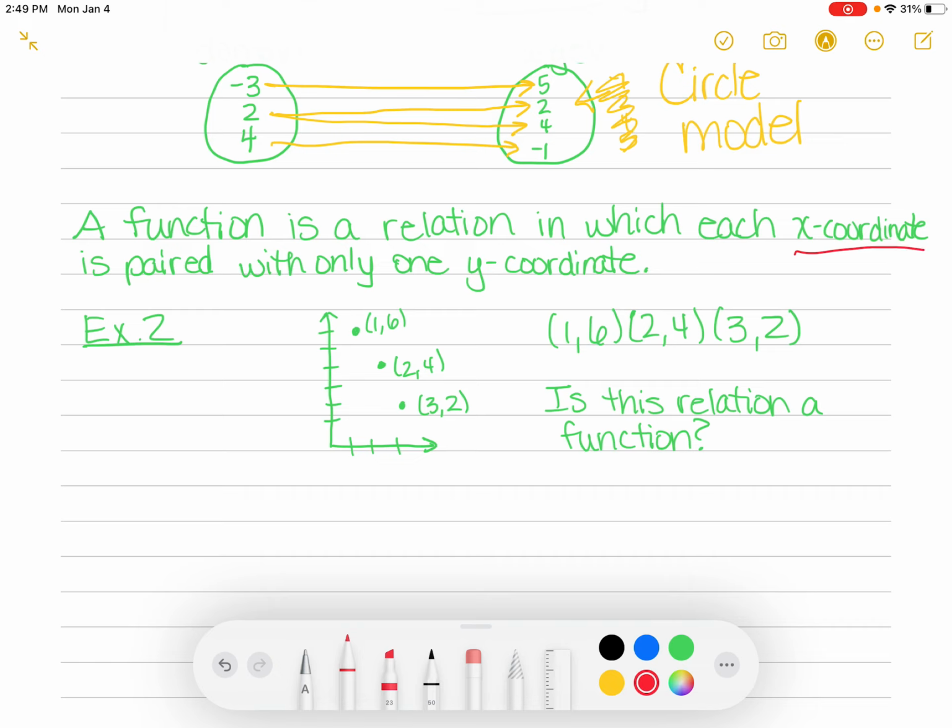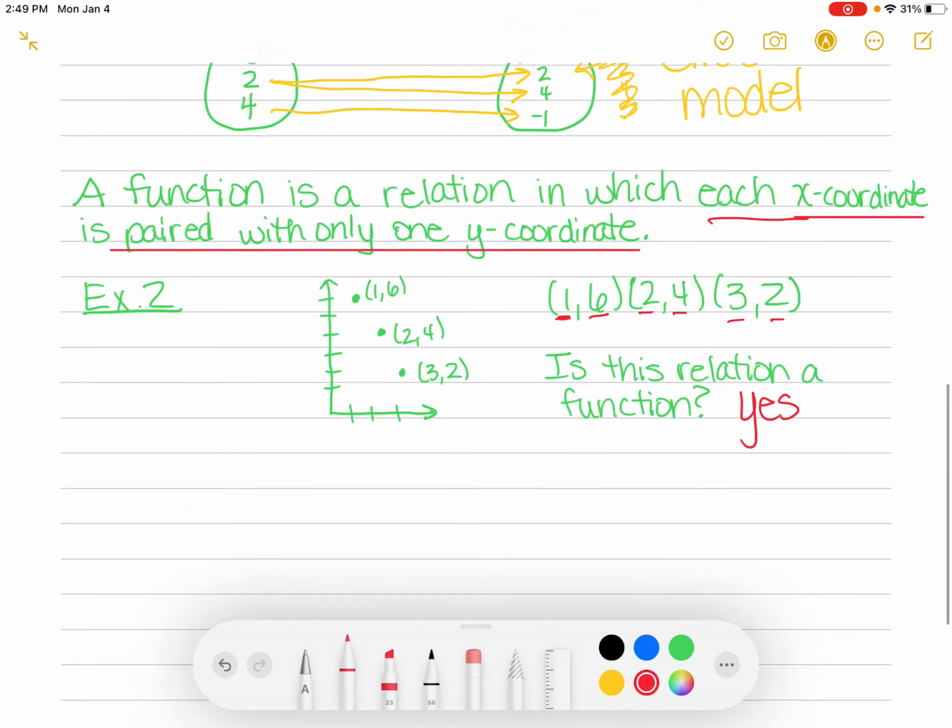It says each x-coordinate is paired with only one y-coordinate. So this one, x is 1, has a 6. This x is a 2 and it has a 4, and this is a 3 and it has a 2. So each of those x's only has one number with it. So the answer to this is yes.